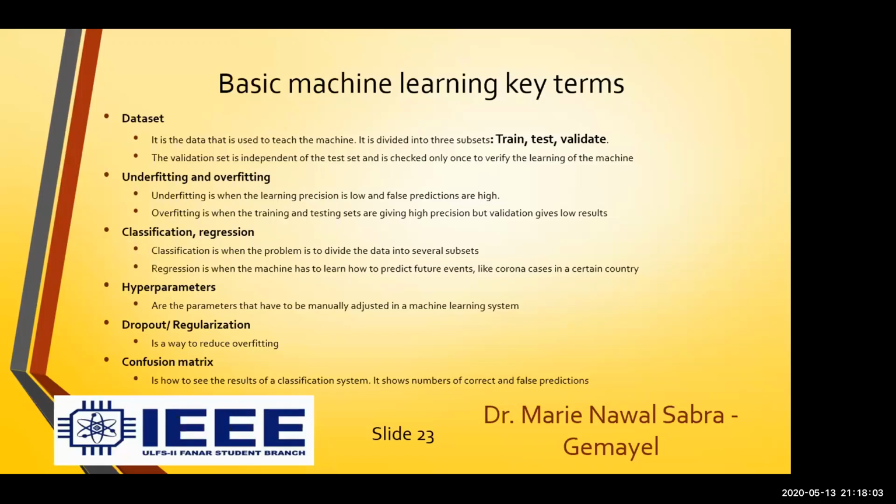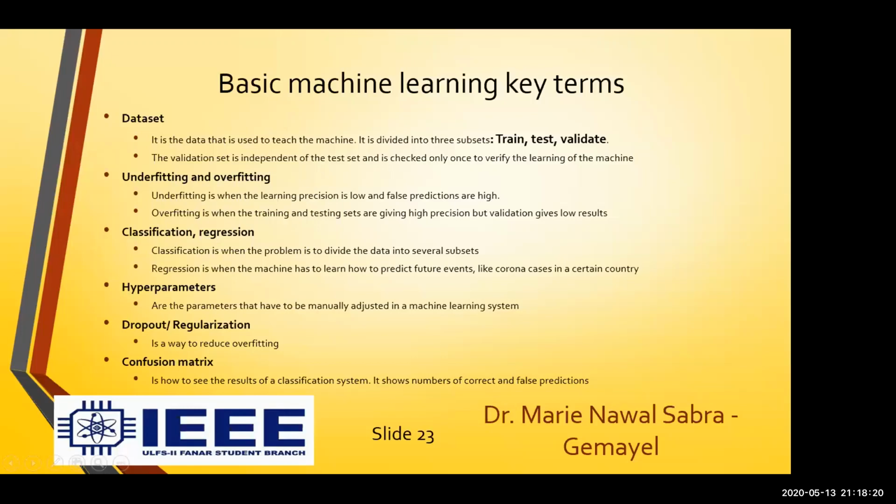You have the percentage of the train, test, and validation parts when you have a data set. So this is another hyperparameter. You have the regularization. This is a hyperparameter. So dropout is a kind of regularization.